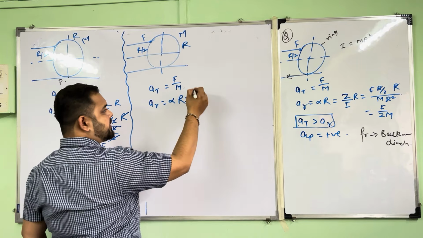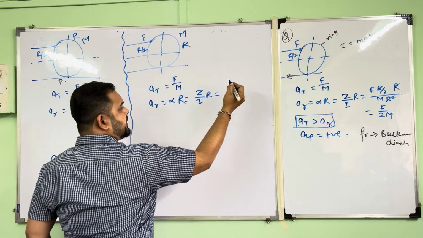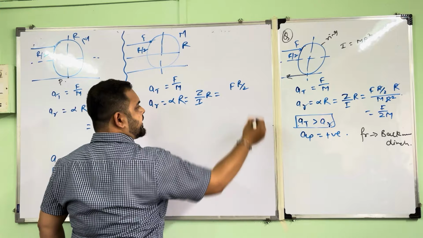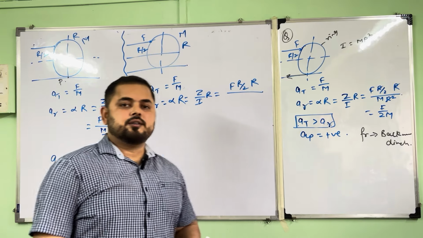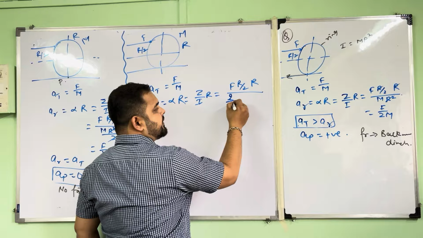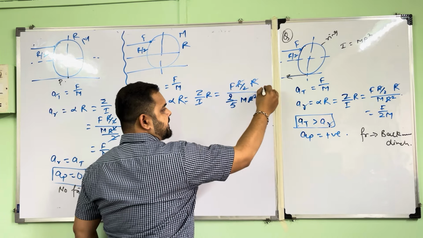So alpha is torque divided by I into r. Torque is the same, F r by 2 into r, divided by the moment of inertia for a solid sphere. Let us assume this is a solid sphere. It is 2 by 5 m r square. Okay, so r square cancels out.